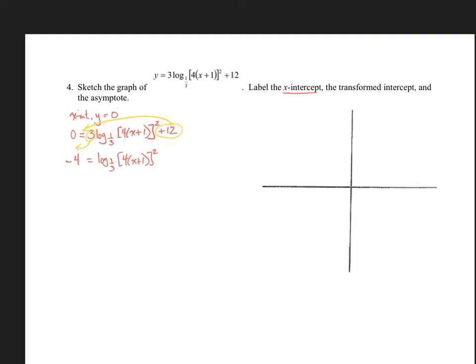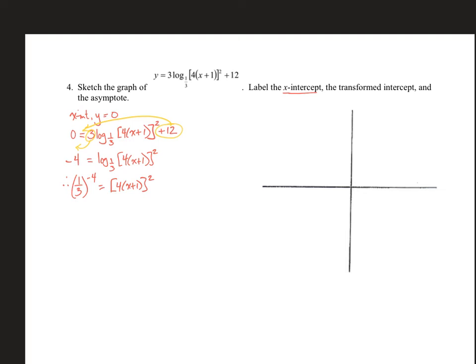The next step for us then is, since we have a single log equal to a number, to change that into exponential. So 1/3 to the exponent -4 gives me that expression. Now, there are a couple things that I would recommend.